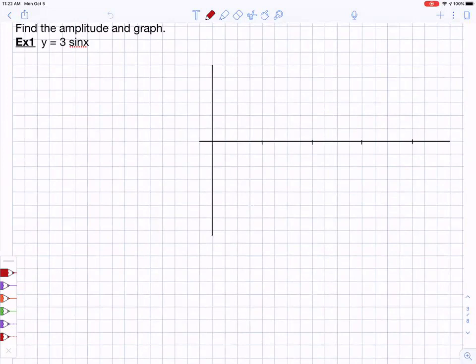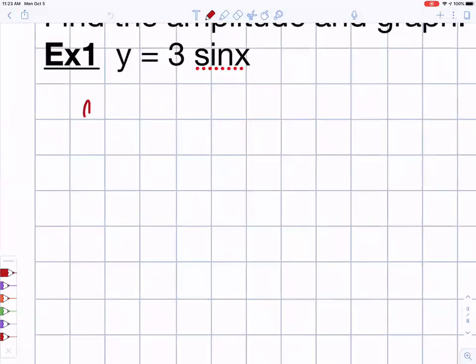In example number 1, what is my amplitude? It's 3, okay? And we know amplitude is how high, how low. So this means, by the way, what's the amplitude of the parent's sine graph? It's 1.